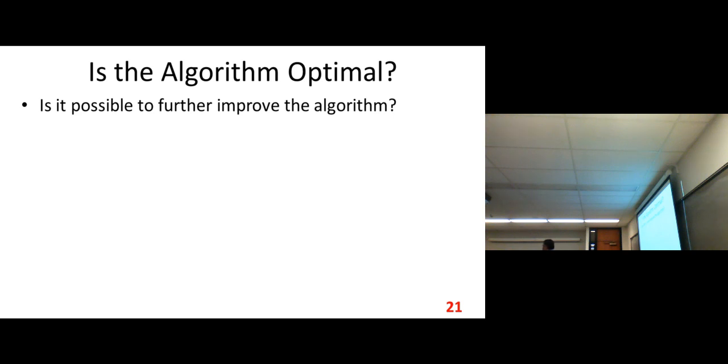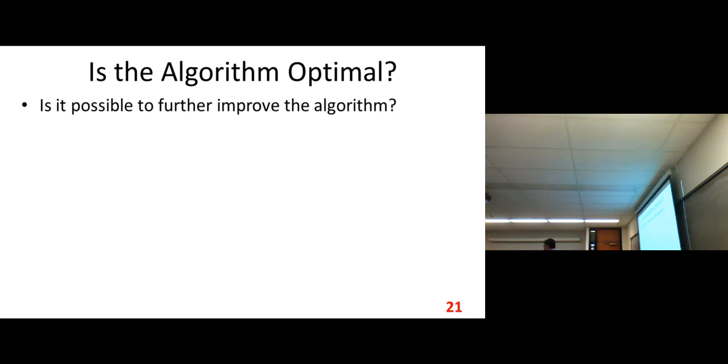If this algorithm is already optimal, can you improve it? Nobody can improve it because it is optimal. It is the best you can get. It is the best everyone can get, including everyone in the world.